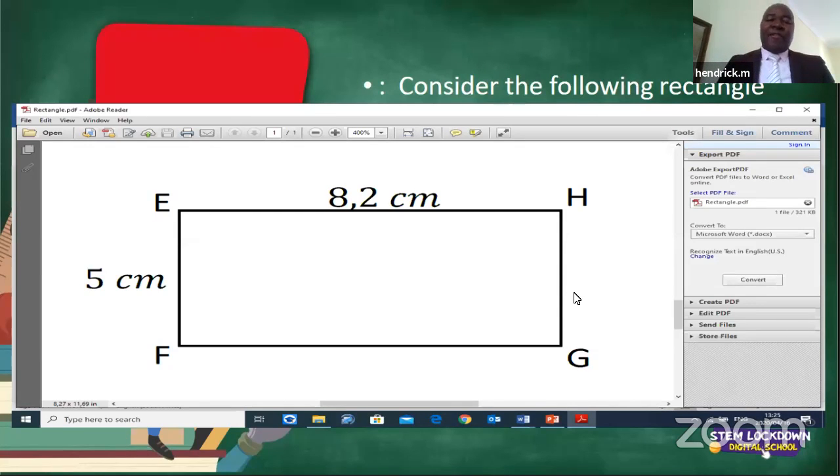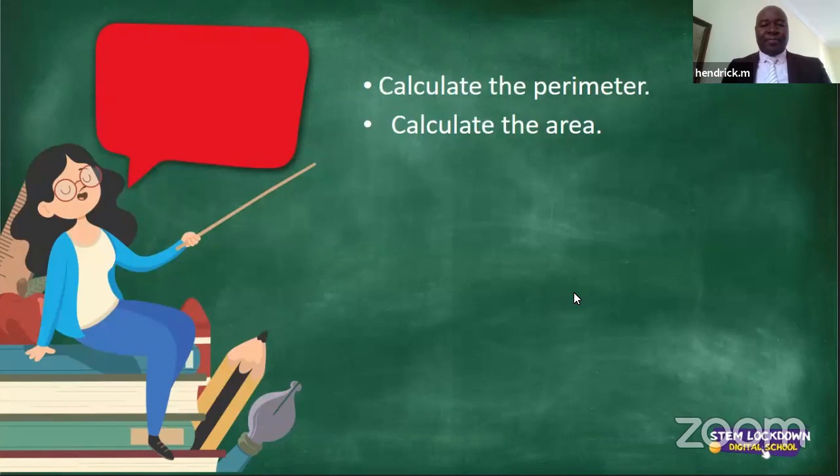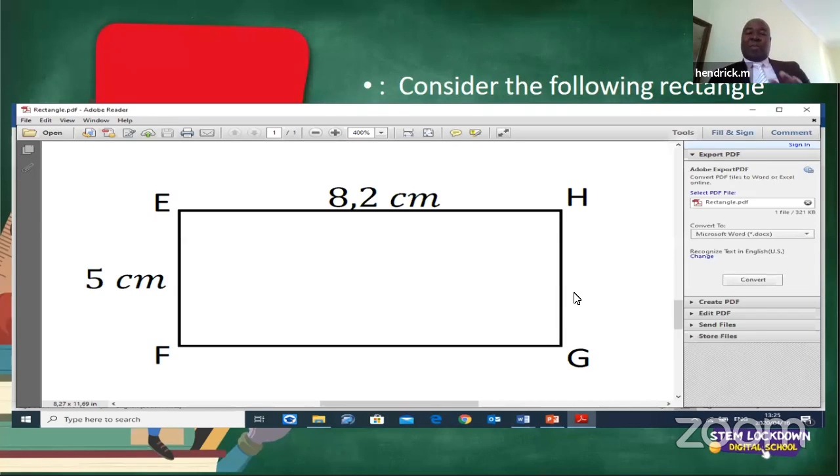Now, having considered this rectangle, I want you to answer the following questions now. There are only 2 questions. Calculate the perimeter. That's the first question. The second one, calculate the area. So you need to calculate the perimeter as well as the area in this particular rectangle.